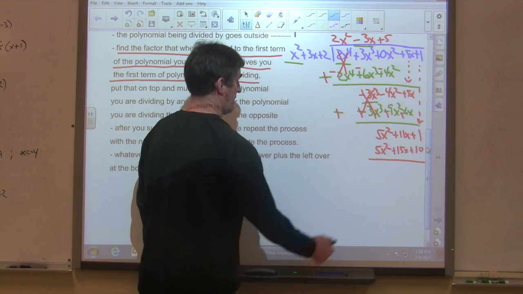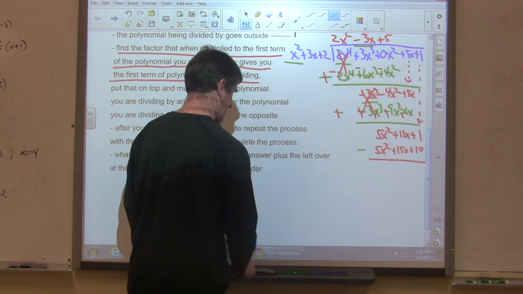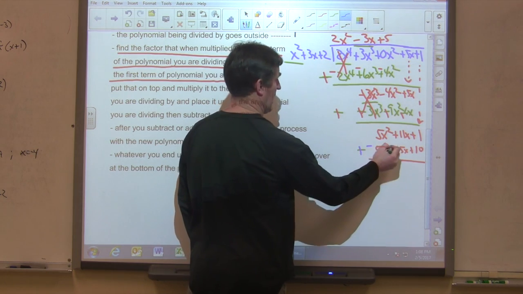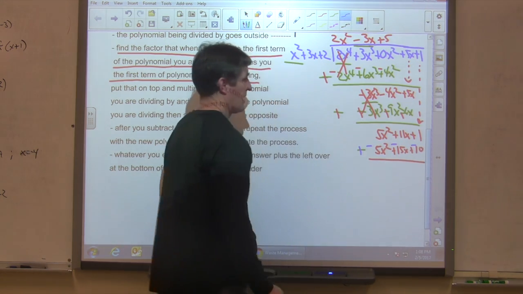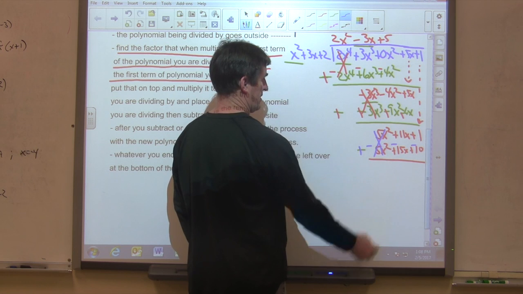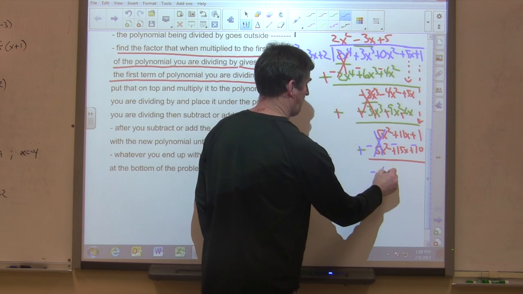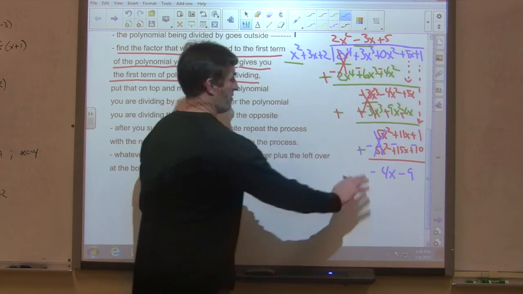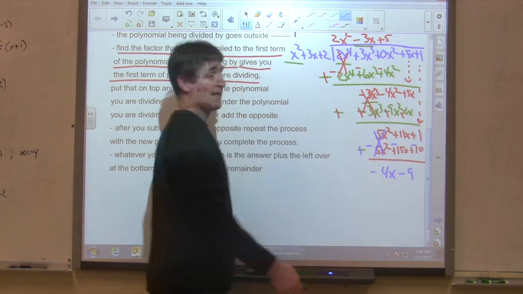Again, I'm subtracting this. So I'm going to change the sign, change it to addition, and add the opposites. And so these cancel. And I get negative 4x minus 9. Now, I've brought down the last thing, so I'm done.